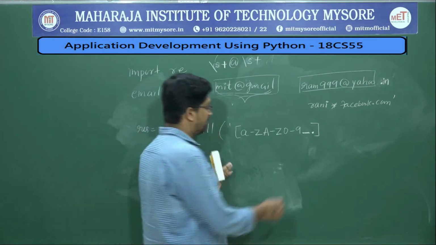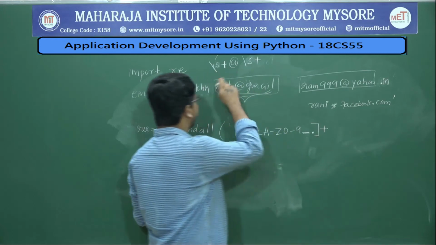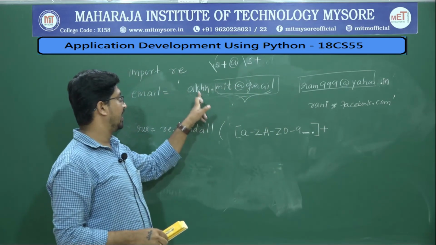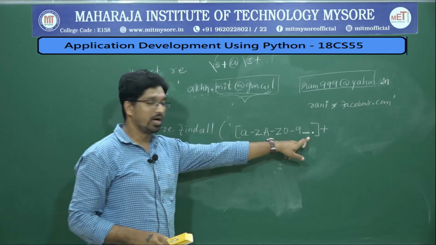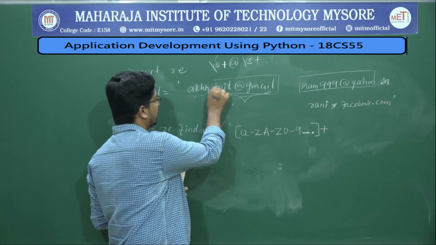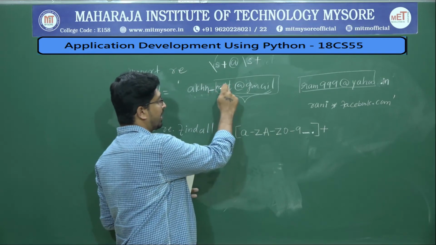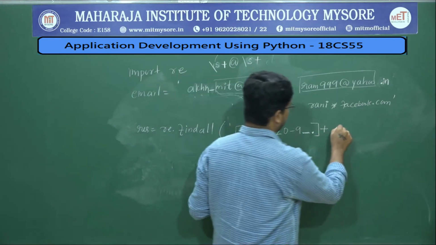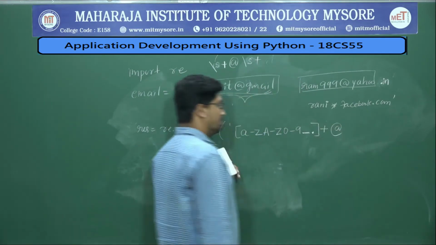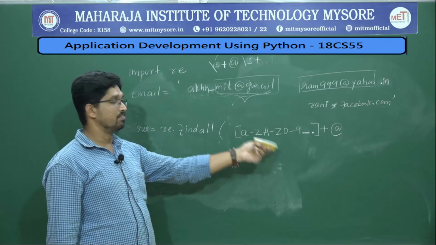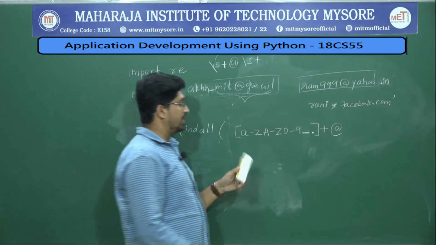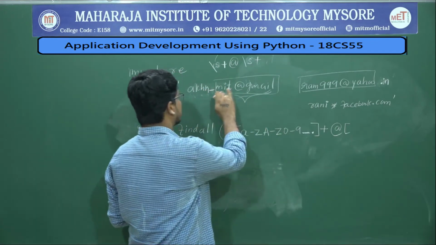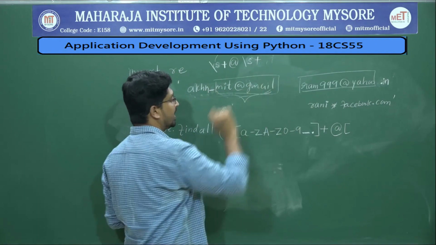And you write the plus symbol. Plus means it can be repeated any number of times. So A is included, K, HN is included, dot is included, and even underscore is included. Followed by the @ symbol. What follows the @? Can we have akhn_mit@gmail99.com?